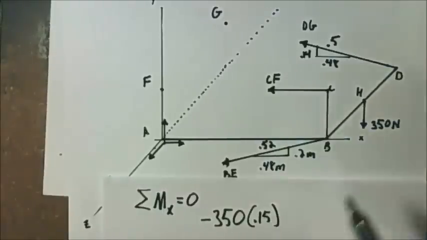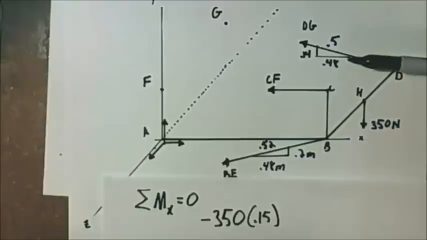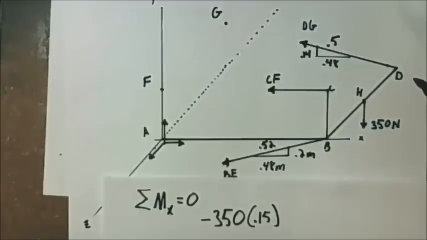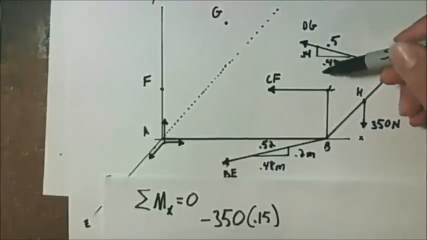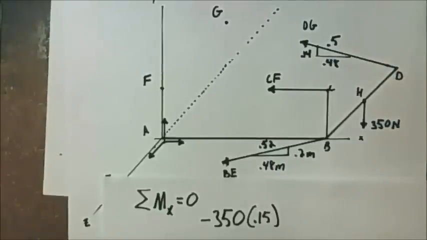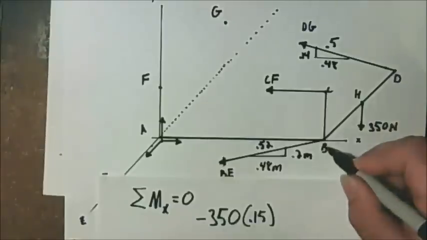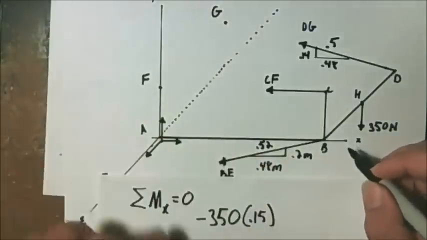Now, cable DG. If we're breaking this into components, the x component is parallel to the x-axis over here, and therefore will not create a moment. Our moment is created by the y component of cable DG, as if it were going straight up from here. We have a y component and this z distance to the x-axis.